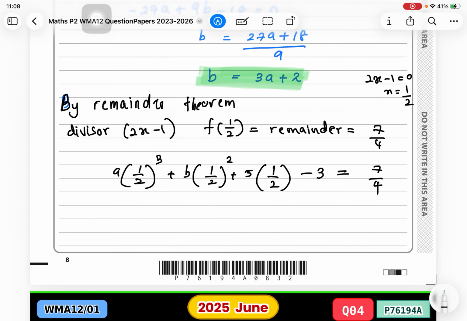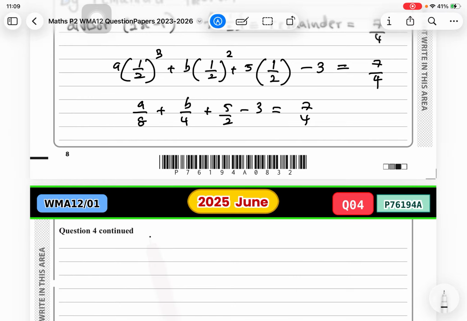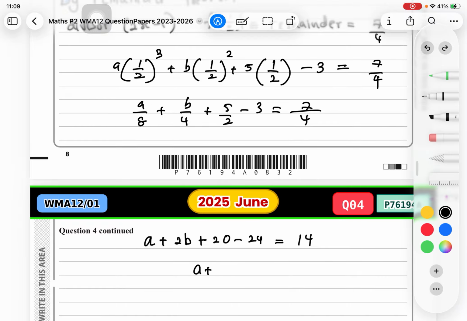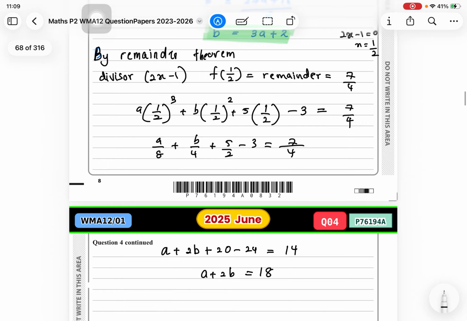So we have a divided by 8 plus b divided by 4 plus 5 divided by 2 minus 3 equals 7 divided by 4. To simplify, let's multiply all of them by 8, so a plus 2b plus 20 minus 24 equals 14. So a plus 2b equals 18. We get one equation.